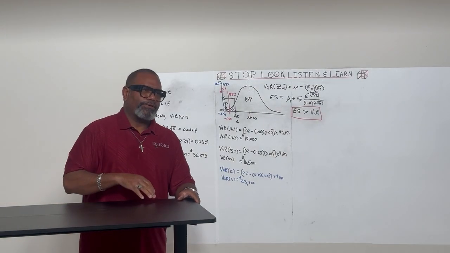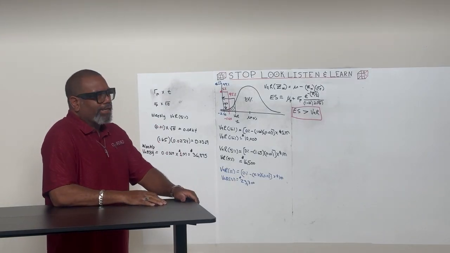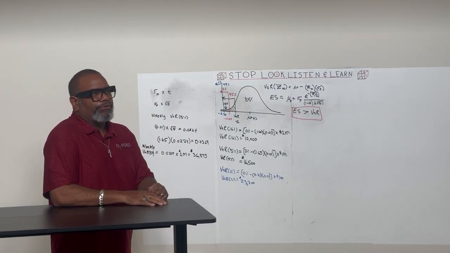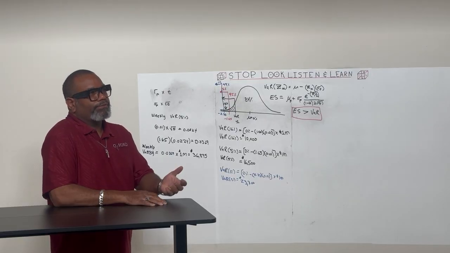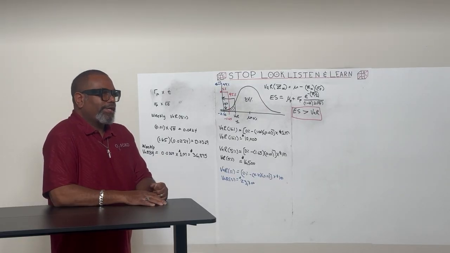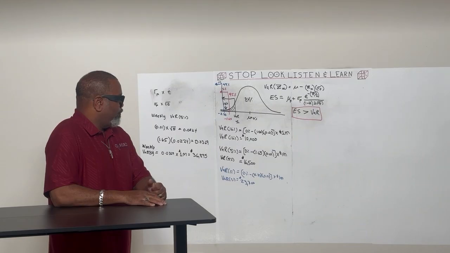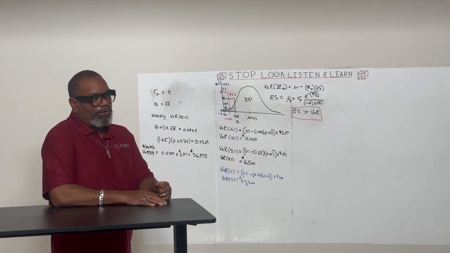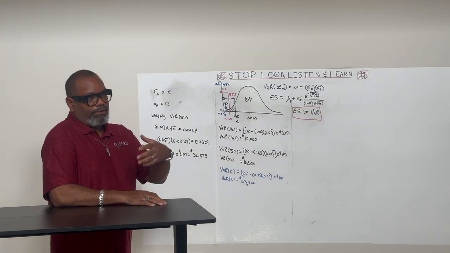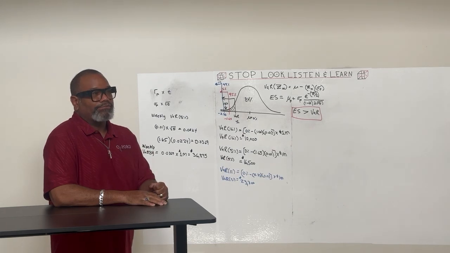Typically, they'll give you the daily expected return and the daily standard deviation, and then maybe ask you for what the monthly VaR would be at a 5% level of significance.